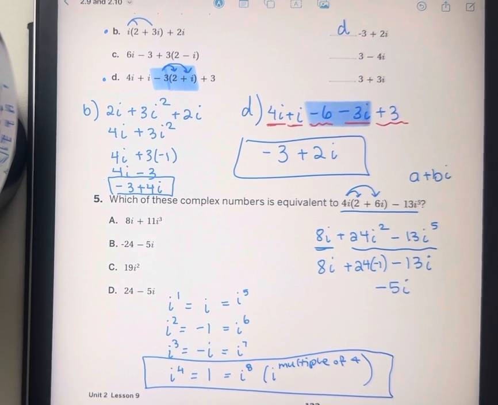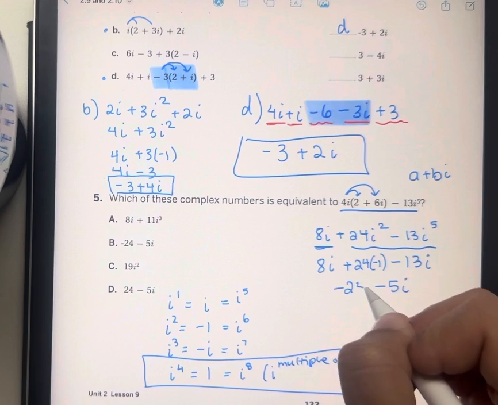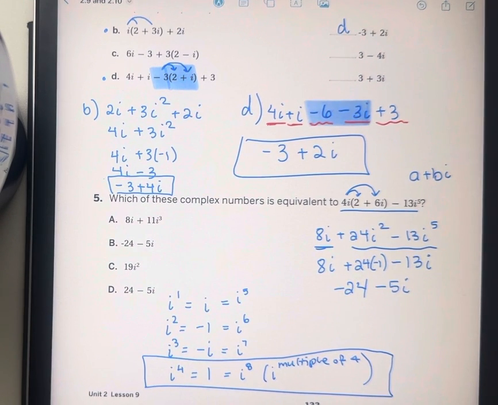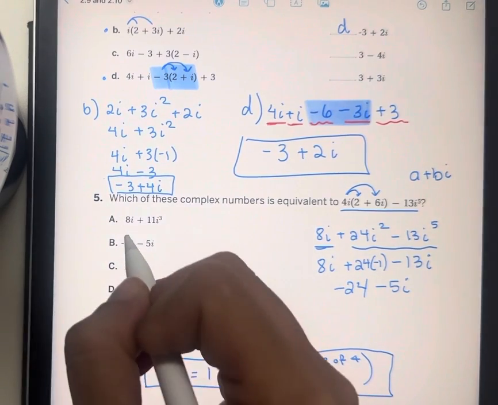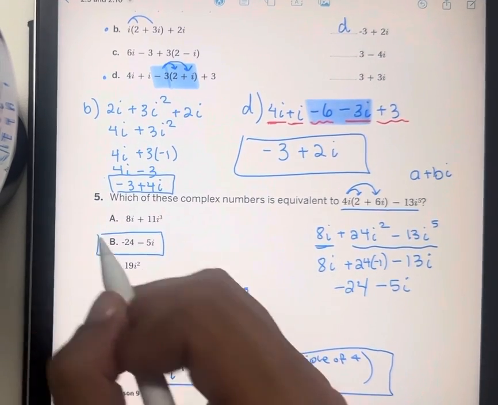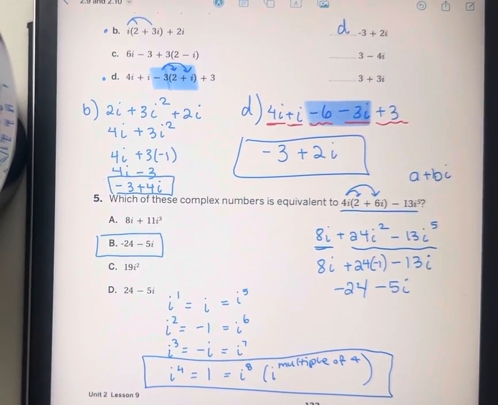And 24 times negative 1 is negative 24. So you wouldn't have known it just looking at it, but it is equivalent to B. Okay, any questions there? We're getting these i to the higher power stuff. It makes sense? Yeah? Okay.